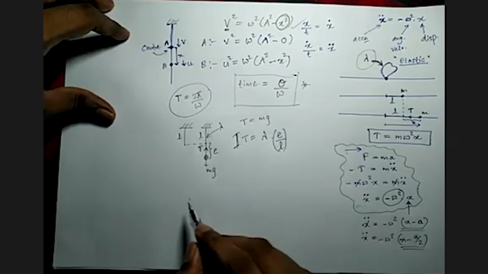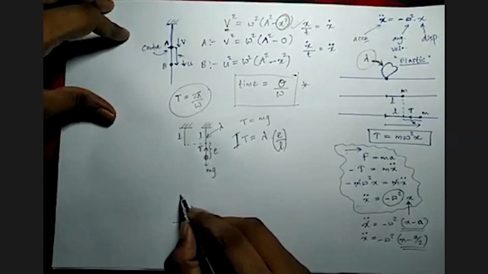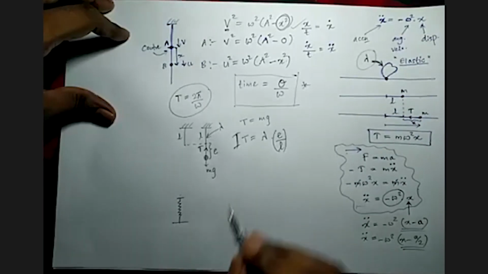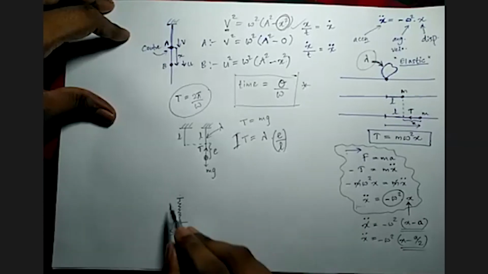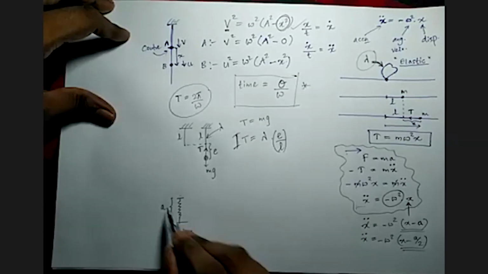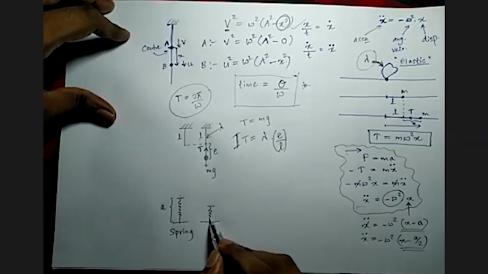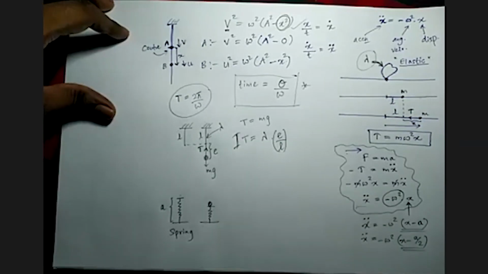Then, this is the last one. If we have a spring, this is a spring of natural length A. When I place the mass mg, what will happen to the spring?